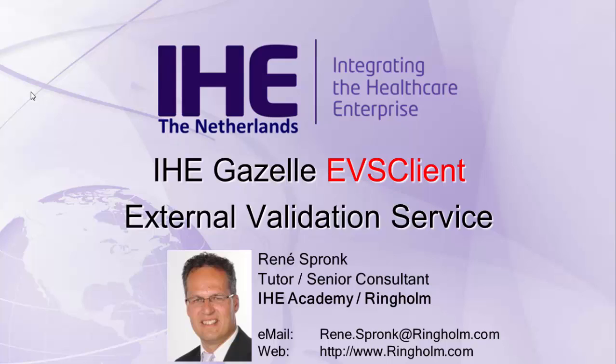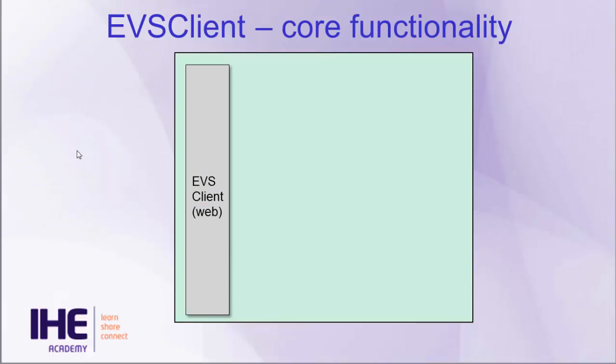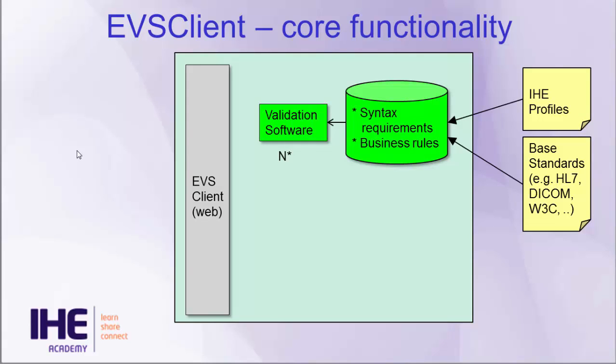So why EVSClient? The EVSClient is basically a web front end for a couple of back-end validation toolkits. We have one such toolkit, let's say, for DICOM and another one which is specialized for CDA, etc. Each of those back-end validation toolkits has a series of business rules and syntax requirements associated with it that are specific to that particular format.